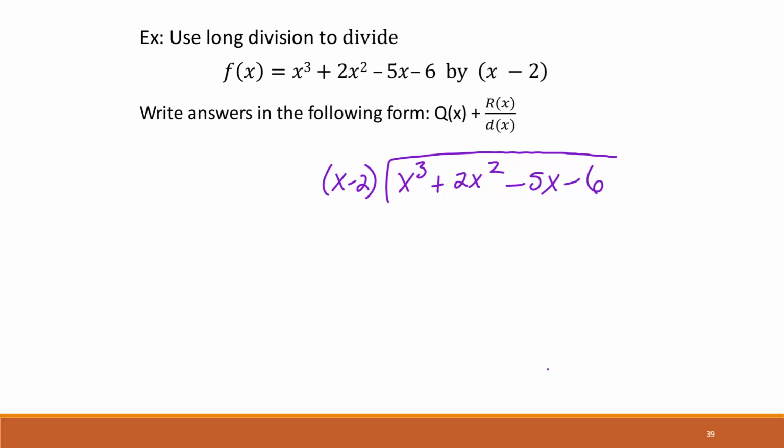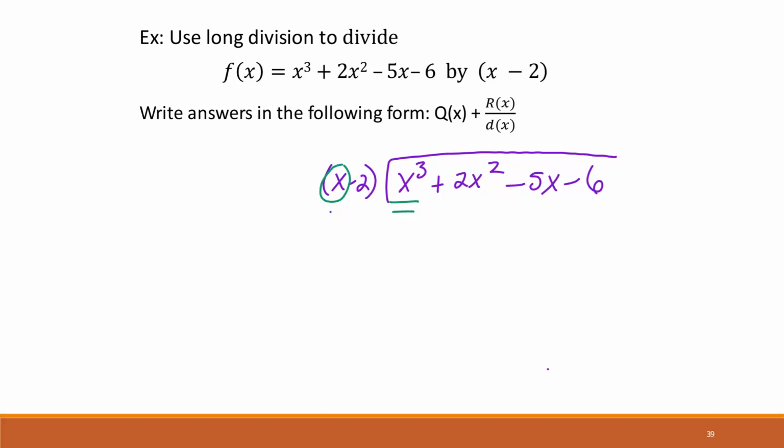Then we're going to think about it in terms of x. If I wanted to multiply something times x minus 2 to give me x cubed plus 2x squared, I would need to multiply this x by something to give me x cubed. The idea is we're taking this x and we want to turn it into an x cubed.